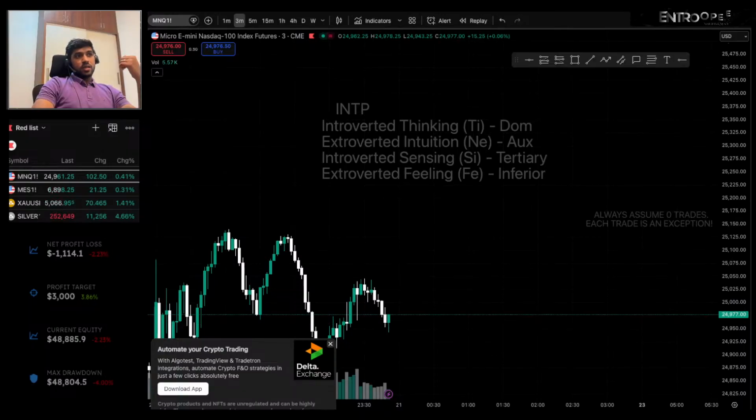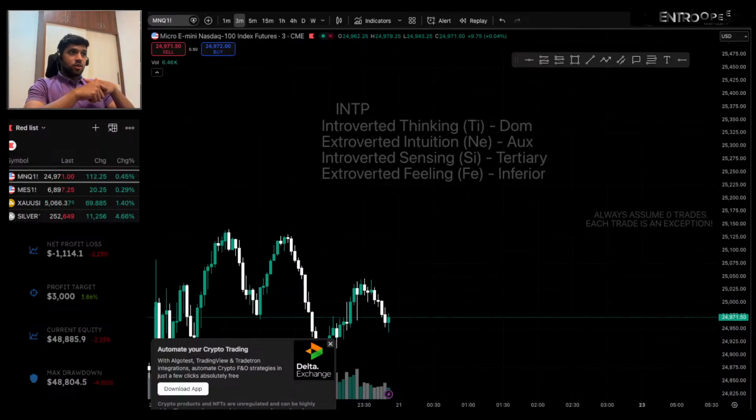For example, INTPs, when they use TI and NE, certain areas of their brain light up. At the same time, when another type uses another function, let's say extroverted feeling, when an ESFJ uses the extroverted feeling function, other areas of the brain light up. So this has been observed in one of his studies.